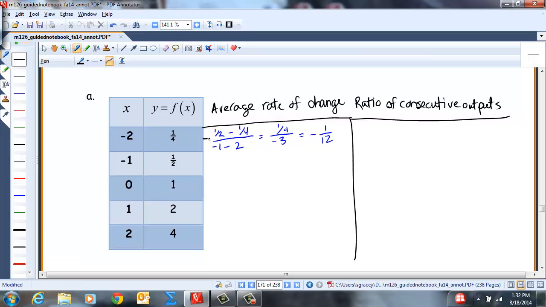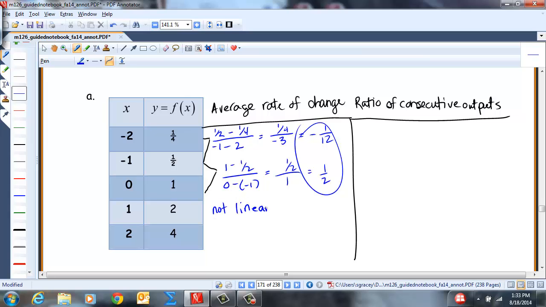This was our first average rate of change. Now we need to do another average rate of change to see if it's constant. So this will be 1 minus 1/2 over 0 minus -1, which gives us 1/2 over 1, which is 1/2. Do you see, we can stop there because these are not the same, so it's not linear. Now, the ratio of consecutive outputs, we'll work on that one.